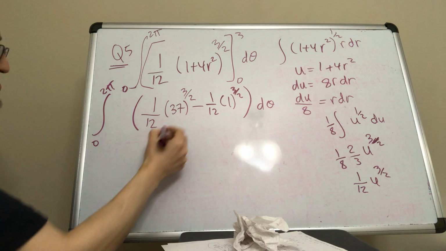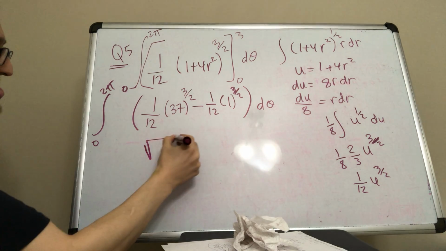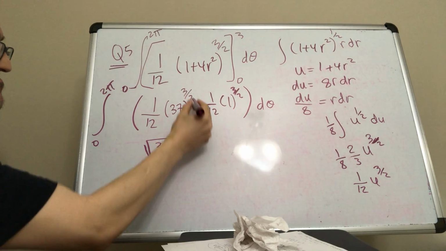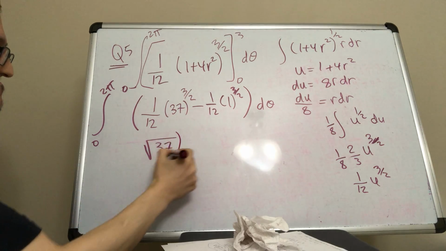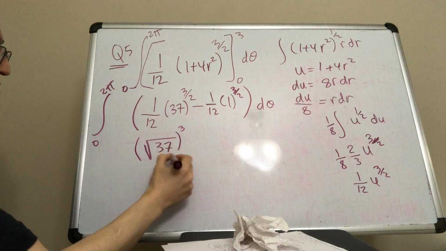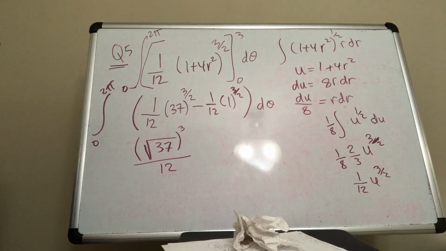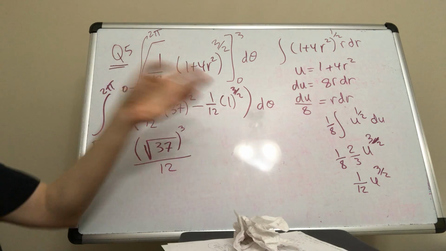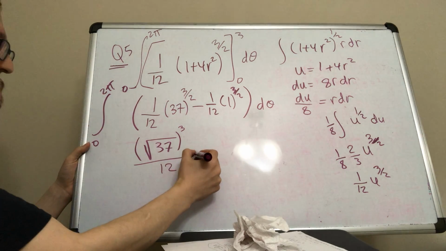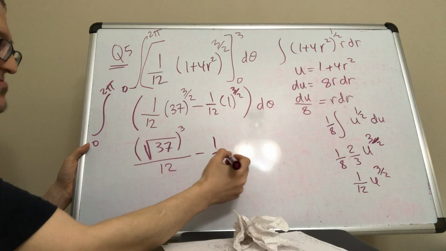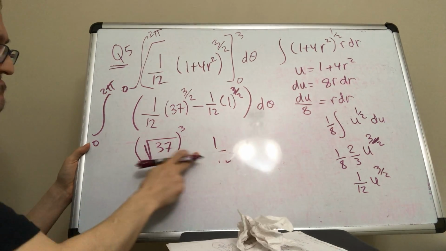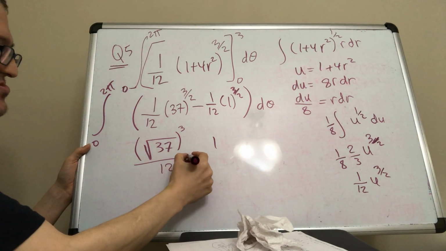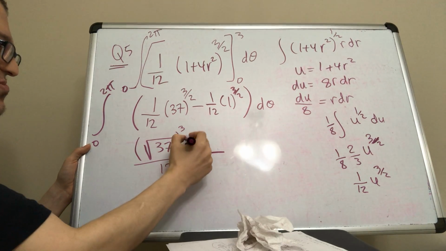You can read this as square root of 37 cubed over 12. 1 to any exponent is 1, so this is minus 1 over 12. Or since they are both over 12, you can write it as one fraction.